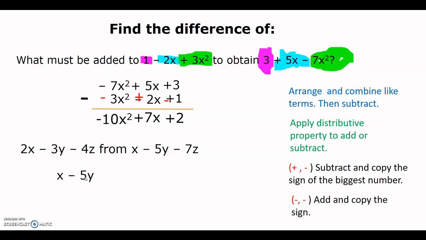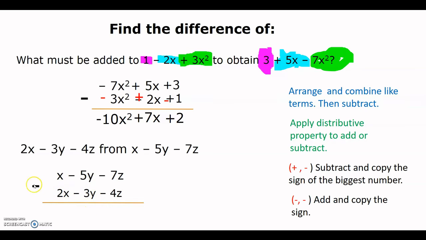Since we don't have exponents here, we just arrange in order, like x, y, z. Next, our second set of polynomials to be subtracted is 2x minus 3y minus 4z. Then we will subtract. Let's apply the distributive property to subtract.